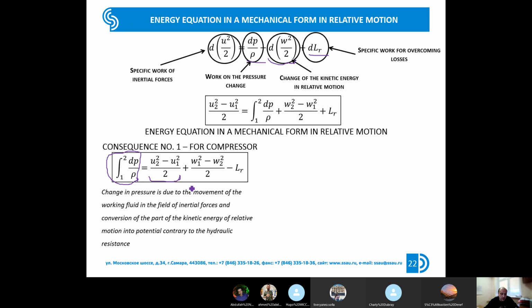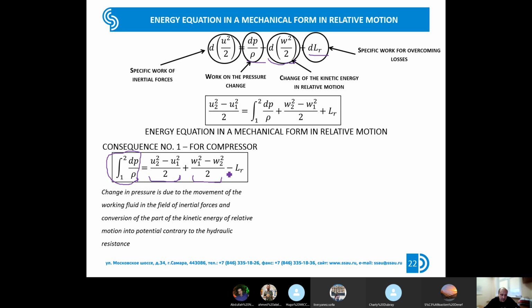It's the first term. And breaking the flow in relative motion, contrary to hydraulic resistance. So it's really very important because this equation says to us that the pressure in the compressor is increased because we have the acting of inertia forces in the compressor, and we have the breaking of the flow in relative motion in the rotor wheel.